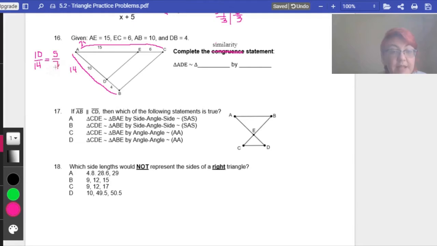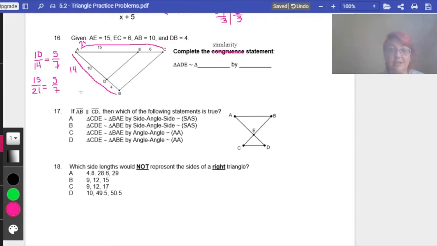That's looking good. Now, we're going to check and see if I get the same reduced fraction from the other set of sides. The small side is 15, and the large side is 21. I can't divide by 2, but I can divide by 3. 15 divided by 3 is 5, and 21 divided by 3 is 7.